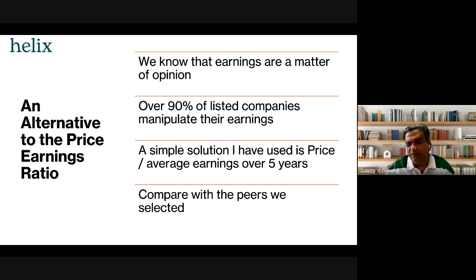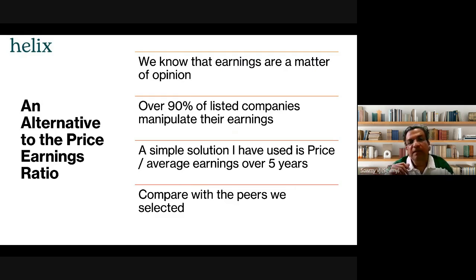So if you take 5 years, 10 years, whatever is the appropriate time frame, instead of one EPS value, you take the average earnings over 5 years and divide the price by it. There you go. That's a fair valuation that you can get, right?